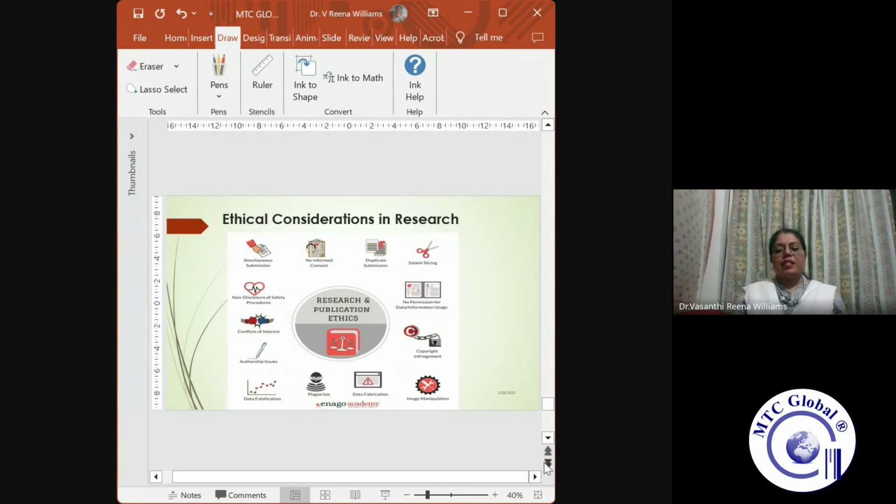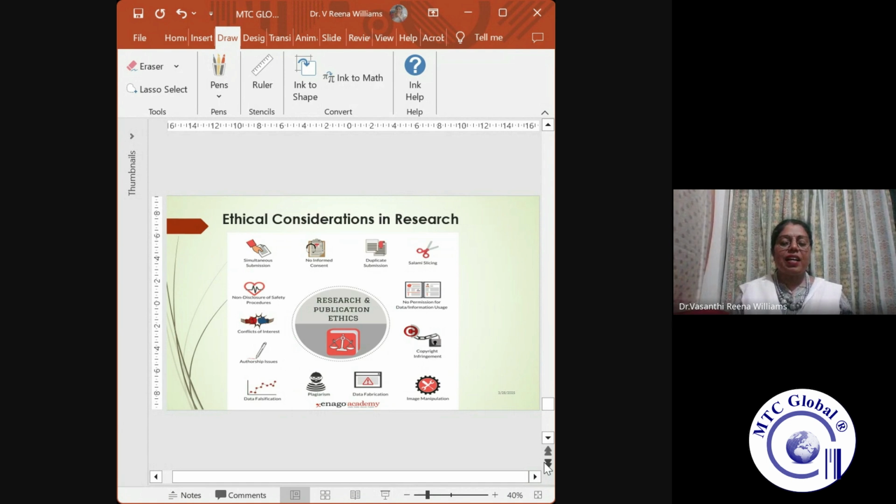The next is the ethical considerations in research. What is ethical considerations? Whenever you're doing anything, see what do all parents say? They tell us, be honest, do things, help people, be truthful, and all. This is what we are taught and we are brought up, right? All your parents will definitely tell you all that.